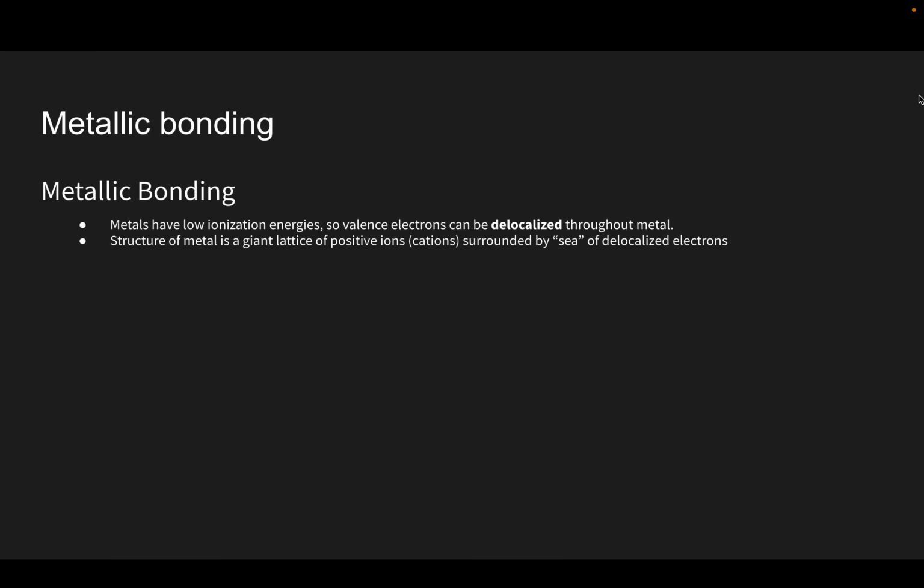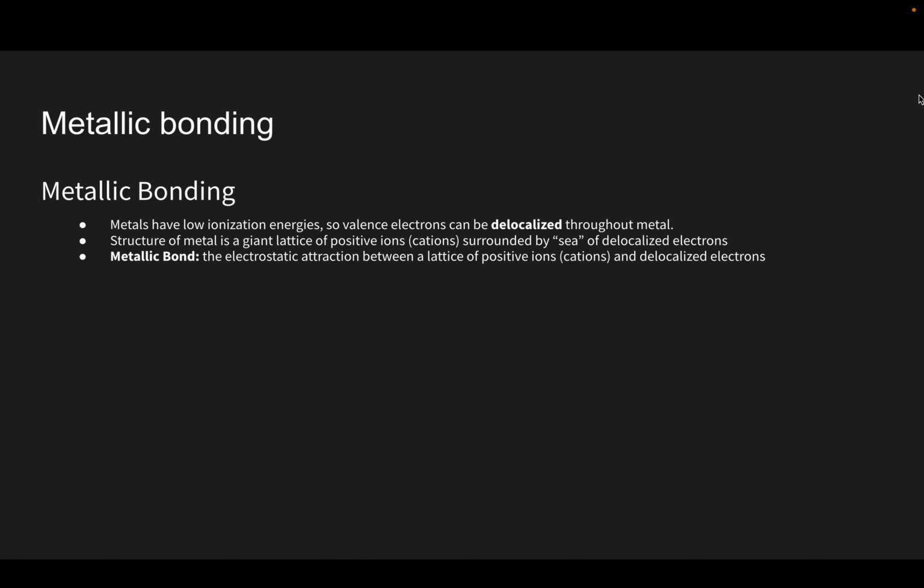For example, in covalent there are lattice structures, but here we don't really have the same thing. It's more like a cloud of electrons around positively charged ions. And this is the reason why metals are good conductors.